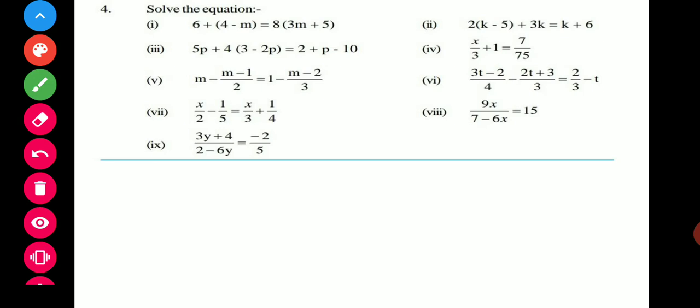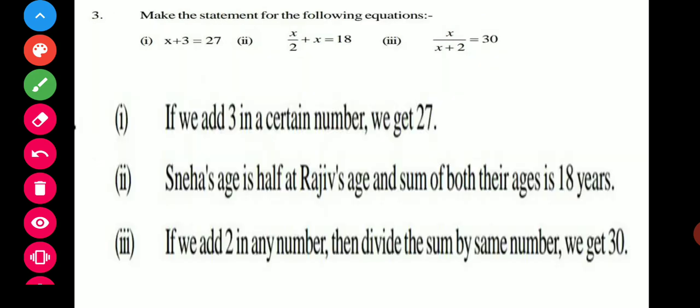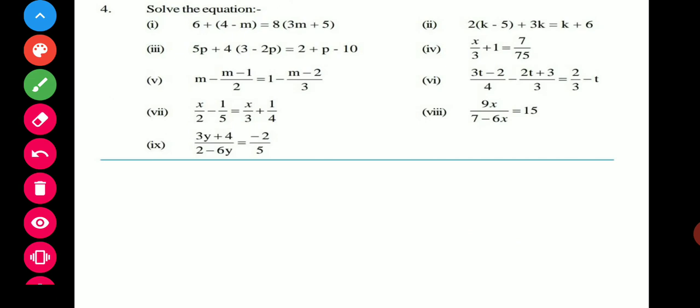Now I will do your fifth question. This is your fifth question. In this question, m minus 1 by 2 is equal to 1 minus m minus 1 by 3. How can we solve this equation? Now come to the equation.